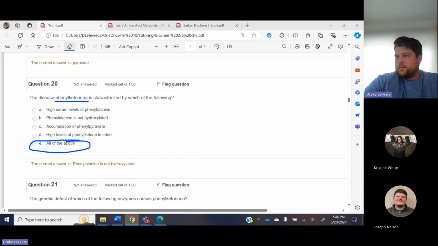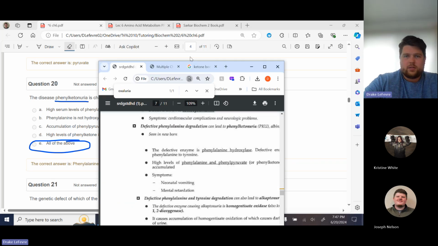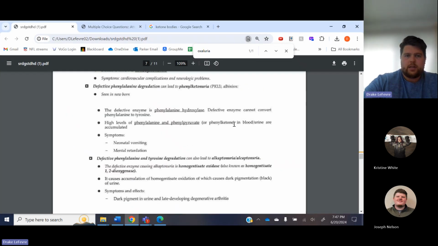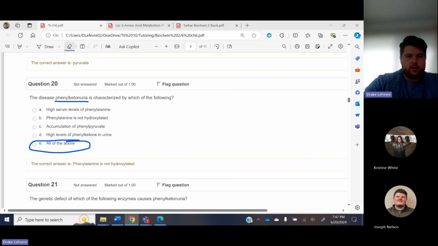Let's see. Phenylketonuria: high levels of phenylalanine and phenylpyruvate or phenylketone in the blood and urine are accumulated. So yeah, that's going to be wrong. We even saw above, all of the above is the correct answer.